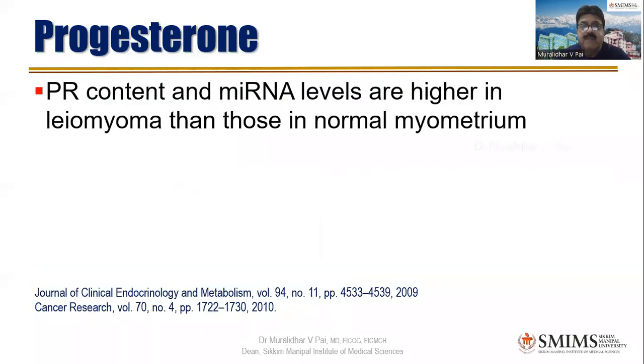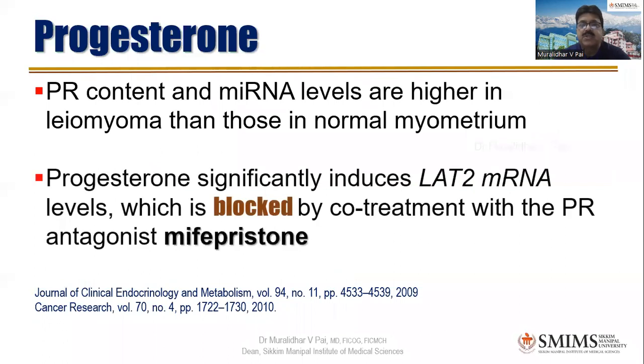PR content and microRNA levels, not messenger RNA, are higher in leiomyomata than those in normal myometrium. Progesterone significantly induces LAT2 mRNA levels, which is blocked by co-treatment with the PR antagonist mifepristone. That's why mifepristone is used as a treatment. But how much it works, I'm not very sure.